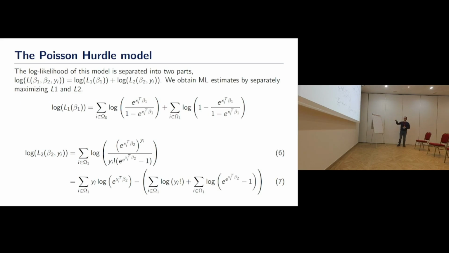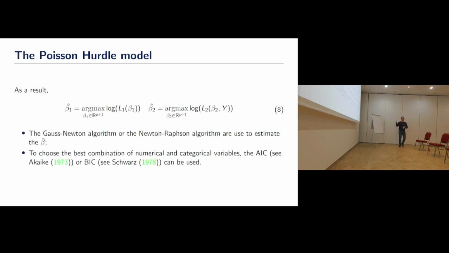The first one is the log likelihood for the binomial case, and the second log likelihood is for the zero-truncated Poisson model. So instead of using the whole log likelihood, we can separate it into two log likelihoods, and we can estimate the vector beta hat by maximizing each log likelihood.